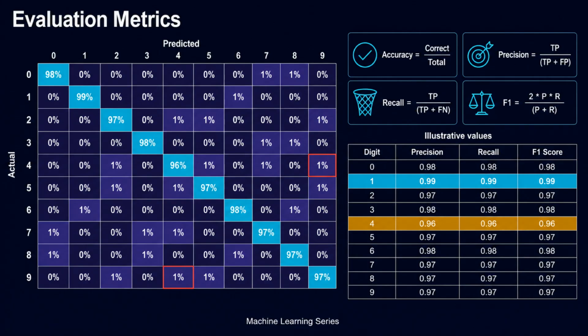The F1 score is the harmonic mean of precision and recall, providing a single balanced metric. The confusion matrix gives us the complete picture, showing predictions versus actual labels in a grid format, making it easy to spot which digit pairs the model confuses most often. For example, digits 3 and 8, or 4 and 9, are commonly confused due to visual similarity.